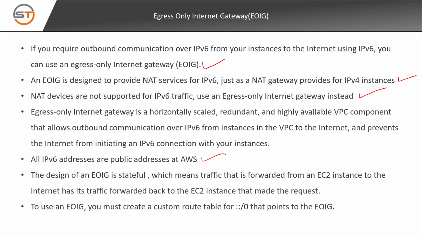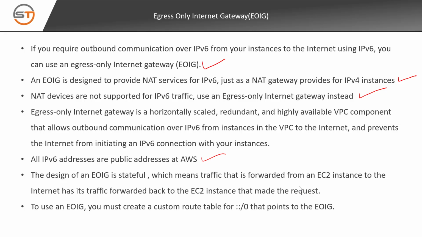To use an egress only internet gateway, you must create a custom route table pointing all IP addresses like ::/0 to the egress only internet gateway. So this route table update is similar to the internet gateway update. The internet gateway allows inbound as well as outbound traffic.